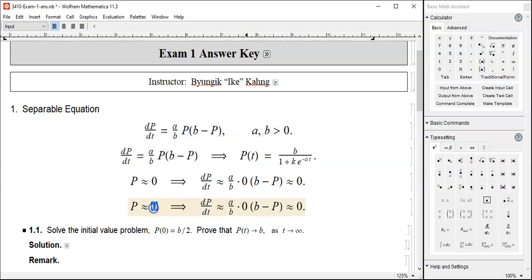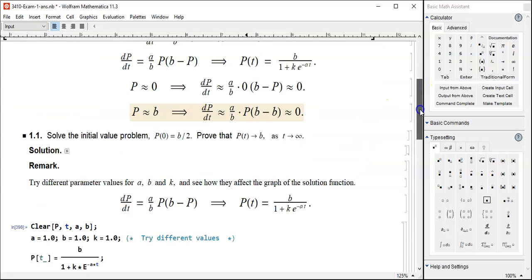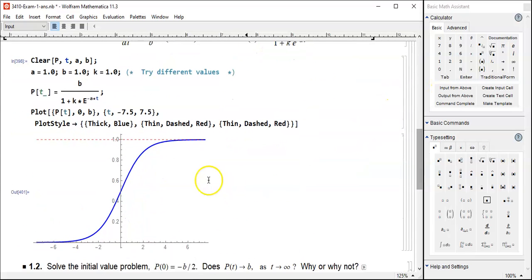On the other hand, if the population is close to B, then this is what we're going to get. This is P, and then we're going to get B minus B, and that's 0, isn't it? So the population is already close to B, which I claim is the mature population. Then growth is going to be very close to 0. Growth will be very small as well. Let's go to the same picture.